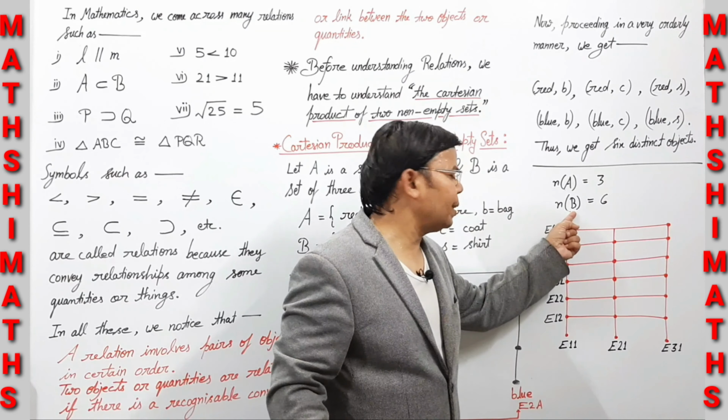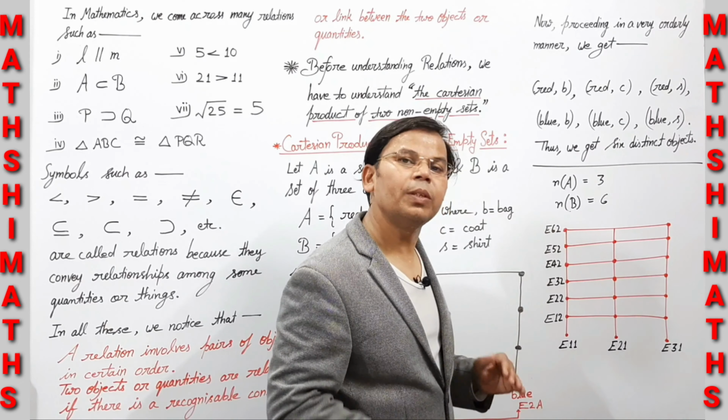At the bottom side, from the left hand side, you will write the first, second and third elements of set A. And from this point, on the vertical side, you will start from the lower side and write the first element of the second set, then the second, third, fourth, fifth and sixth elements of the second set.